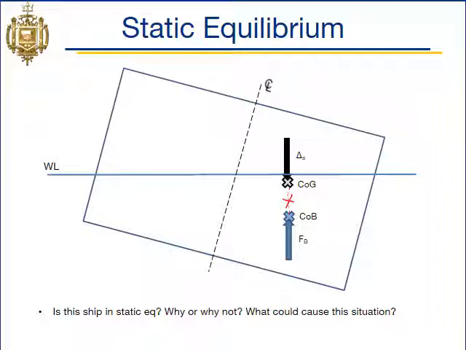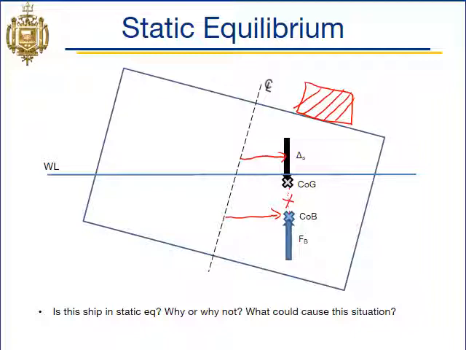So this ship is in static equilibrium, and what would cause this situation? Well, what causes this situation is you maybe put a lot of gear on this side of the ship, which caused the center of gravity to shift off the center line, and because the center of gravity shifted off the center line, the center of buoyancy also had to shift off the center line to keep the ship in static equilibrium.